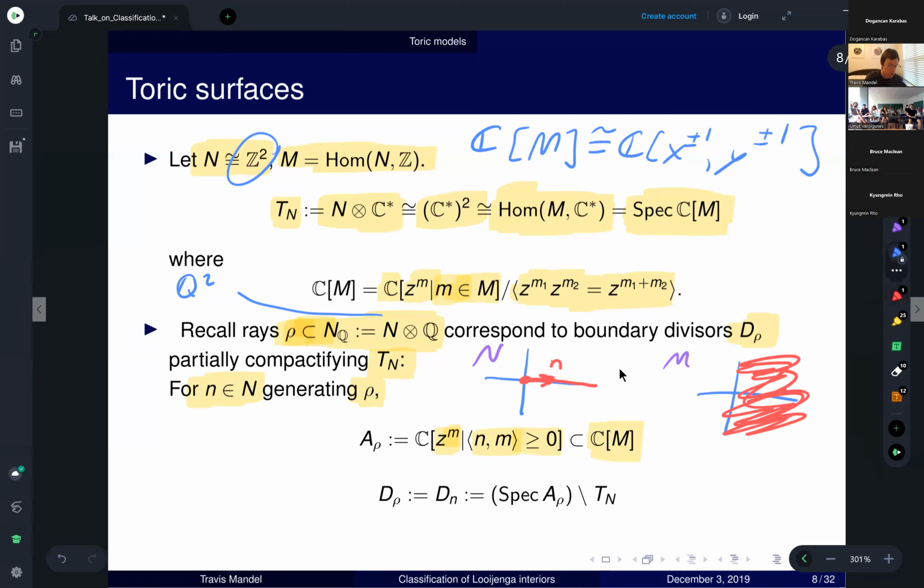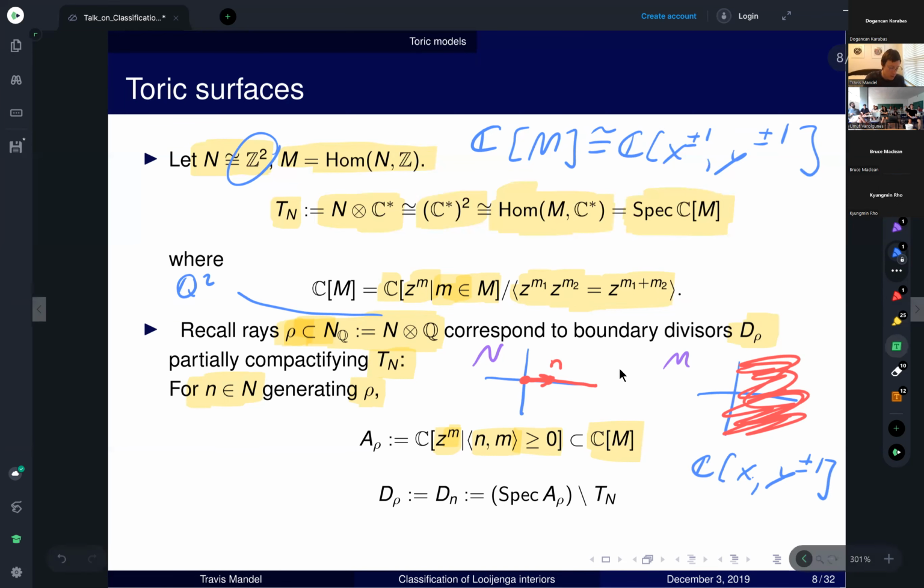And the corresponding ring for that half space would be something like C adjoin x, y to the plus or minus 1. So we're not allowing x inverse anymore, just positive powers of x. Now you could take Spec of this ring, the variety corresponding to this ring, and since we're not dividing by x anymore, we now allow x to be 0. So we've thrown in the y-axis where x equals 0.